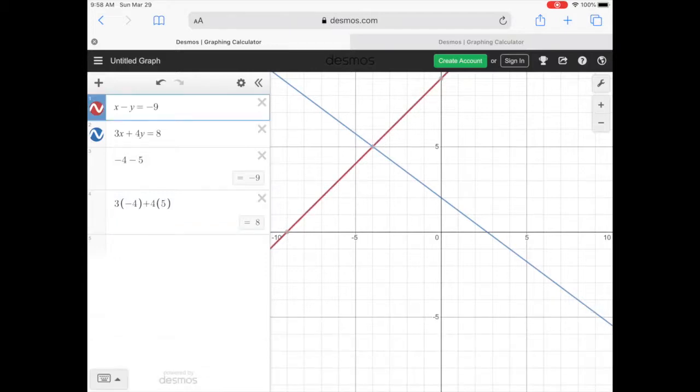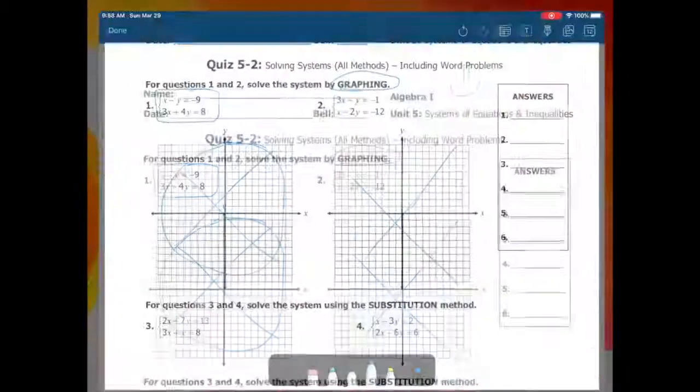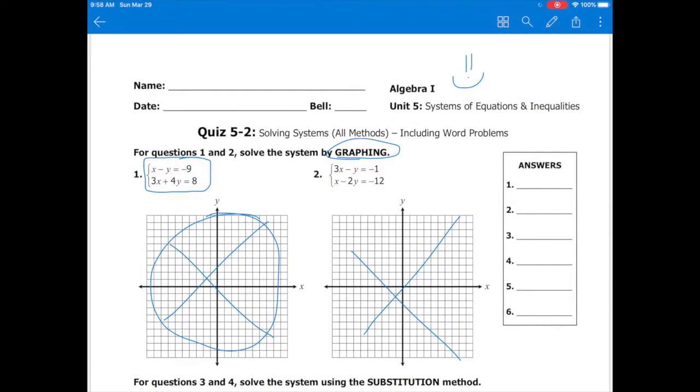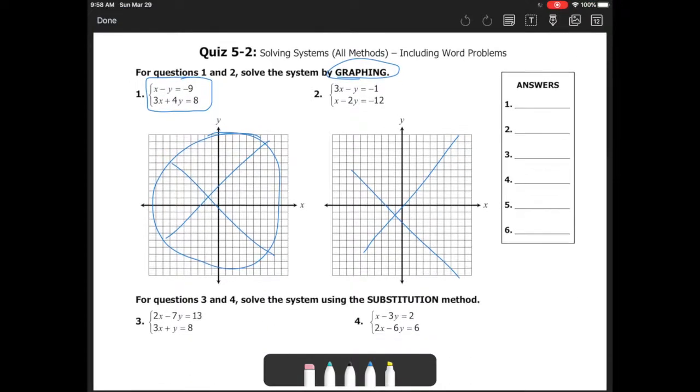These 2 numbers, -4 and 5, are the only 2 values, x and y, that will make both of those equations true. That is what the solution means. So if we go back over to the problem, the answers are -4 and 5.